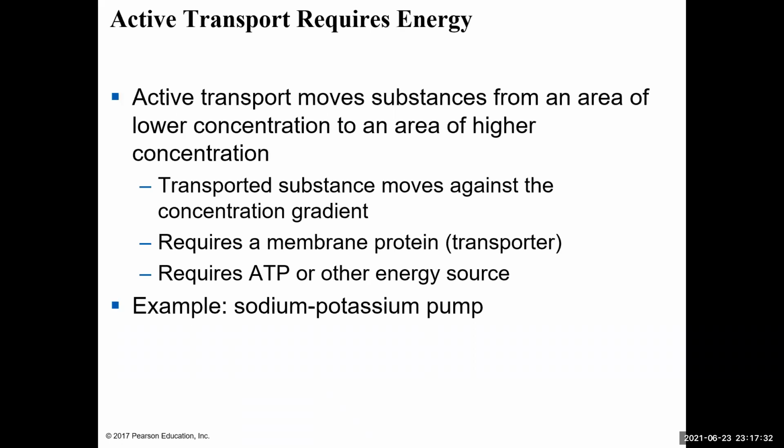Normally, molecules move down their concentration gradient, from high to low. But in active transport, usually the cell is moving them from a low to high concentration, and because they're being moved against the concentration gradient, they need energy to do that.